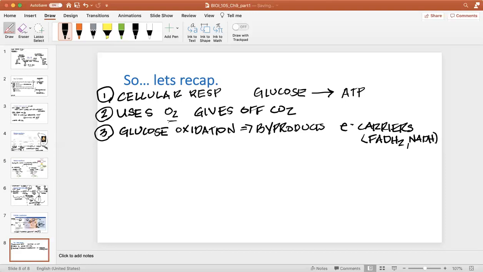Okay. Point 4. Chemically speaking, we can peel off the electrons on the carriers and use that energy to make ATP.